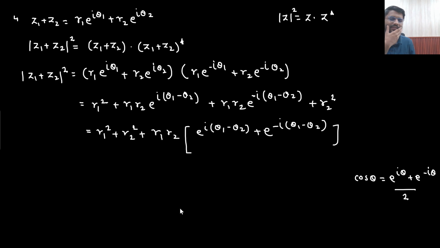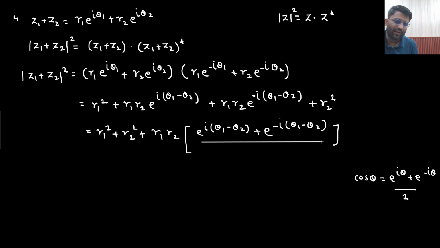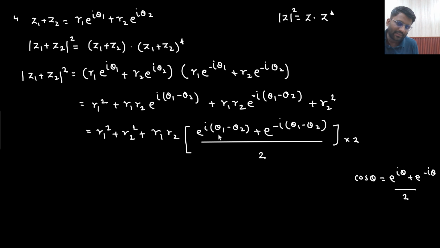Do you remember this? So if I divide by 2 and multiply by 2, will I get something here? Let's assume this as an angle only. So e to the power iota x plus e to the power minus iota x divided by 2 will become cos x. So what you are getting is R1 square plus R2 square plus 2 R1 R2 cos theta 1 minus theta 2.